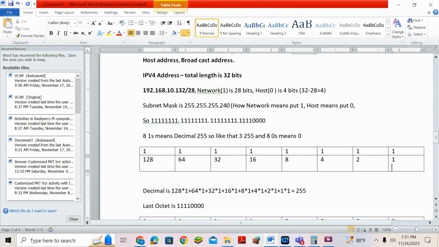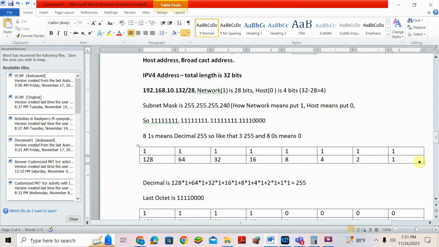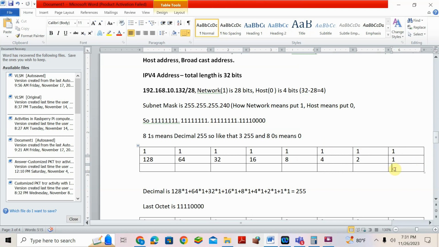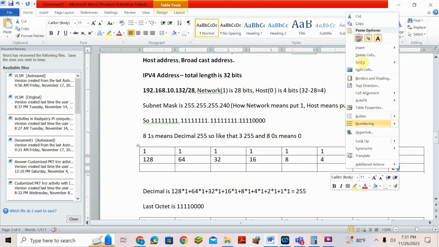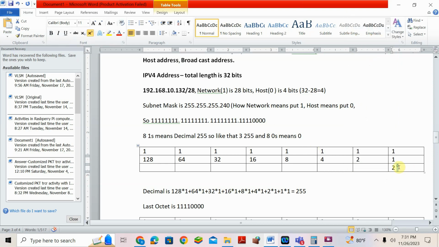Usually you will write here 2 raised to 0, 2 power 0.